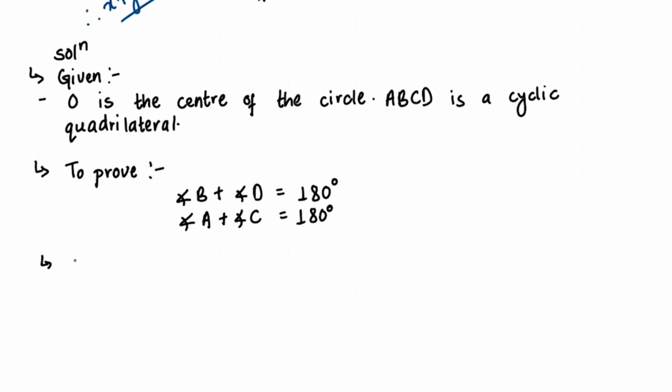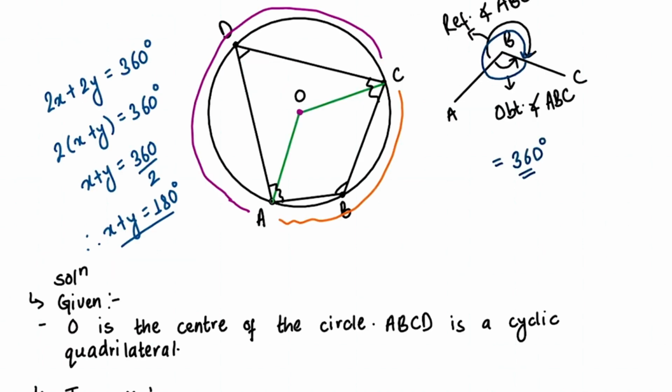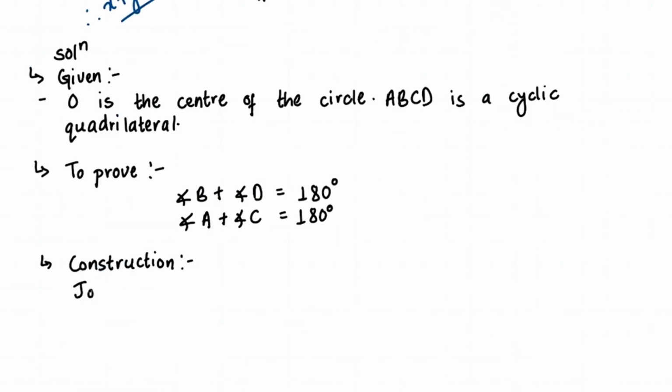Now we also made a construction. So construction: we connected our A with our O and O with our C. So join A and O and O and C.